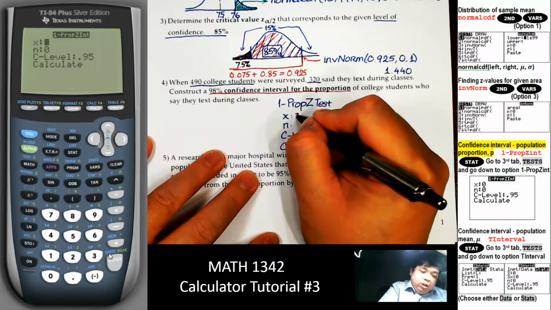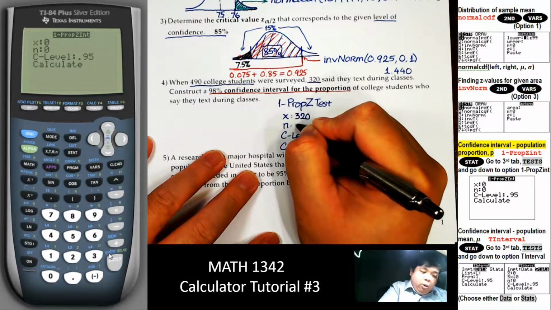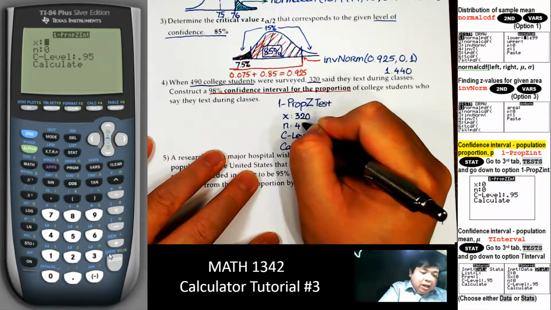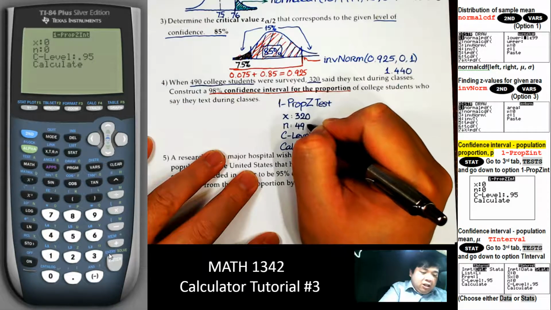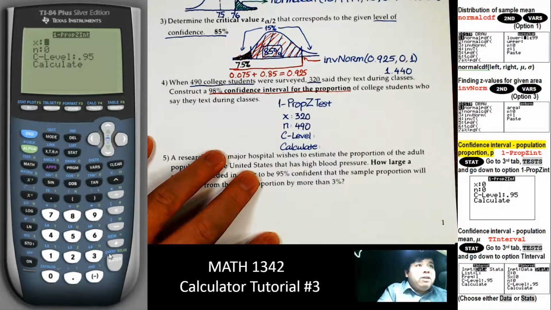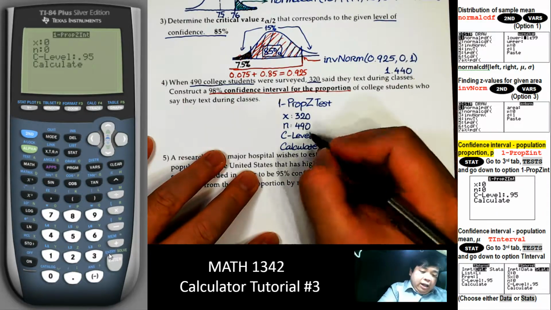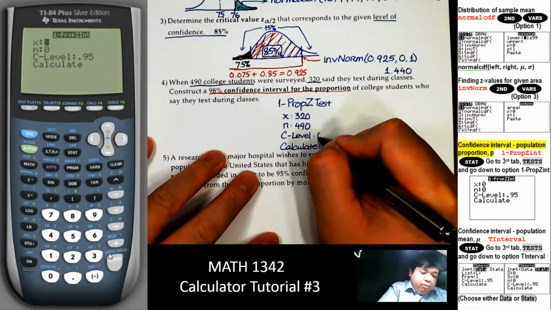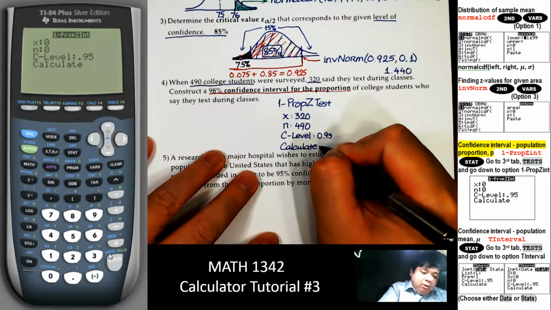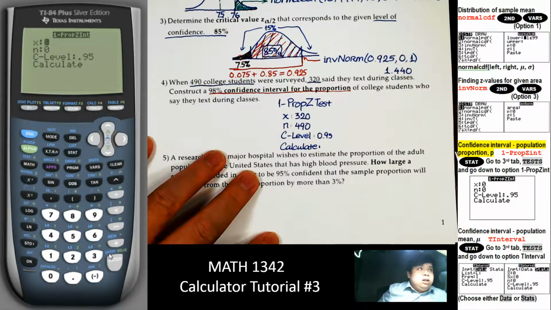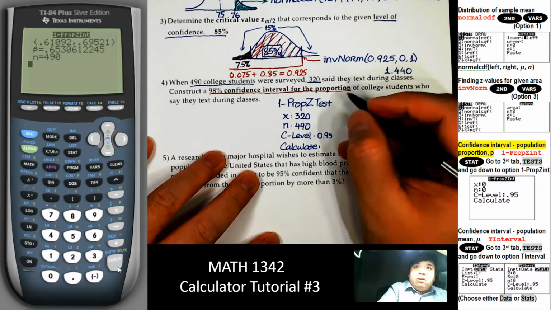So X is 320 and n is 490, and it's always bigger than X. And the confidence level of 95. And then we just calculate. So we enter 320 for X, the smaller number, and 490, and then we calculate.